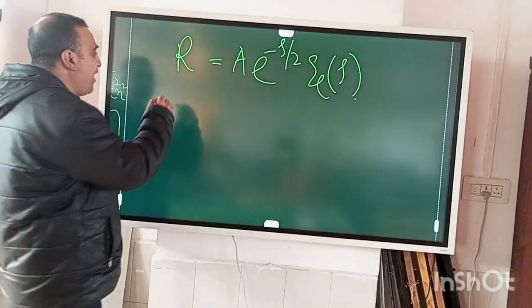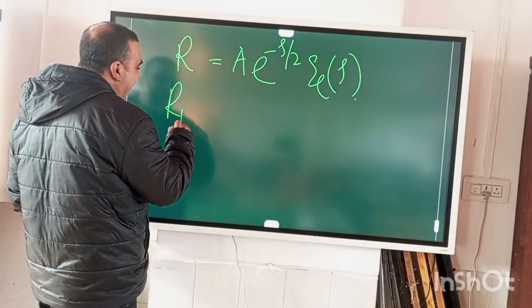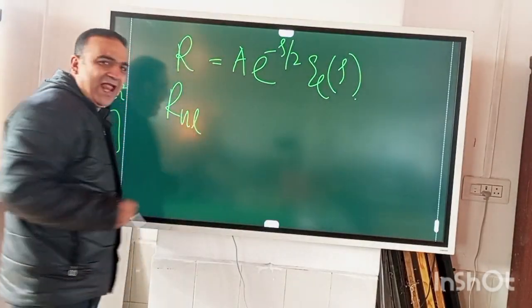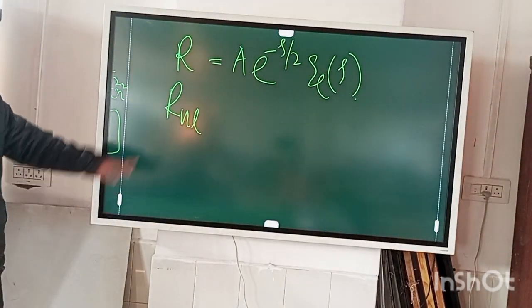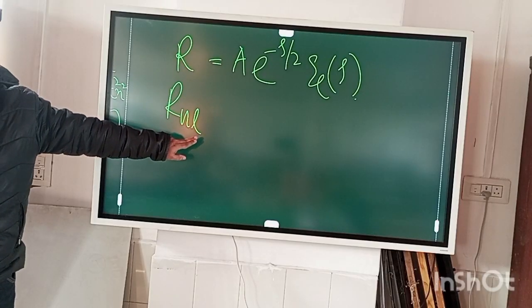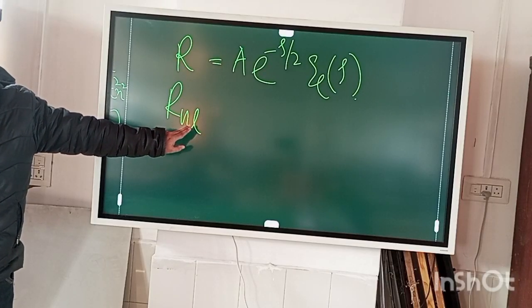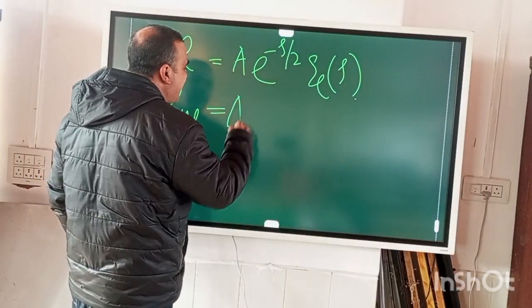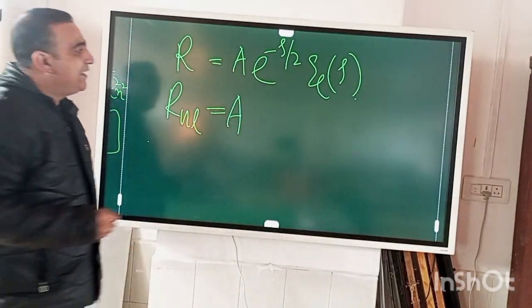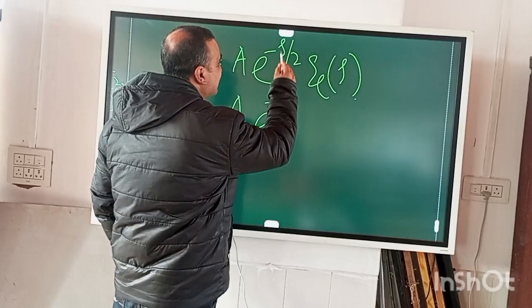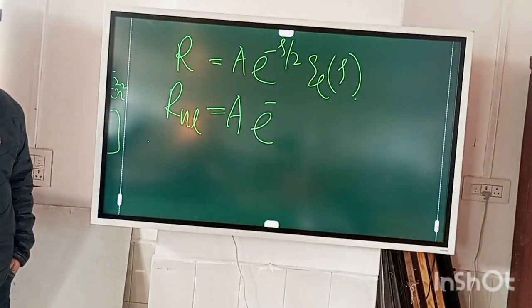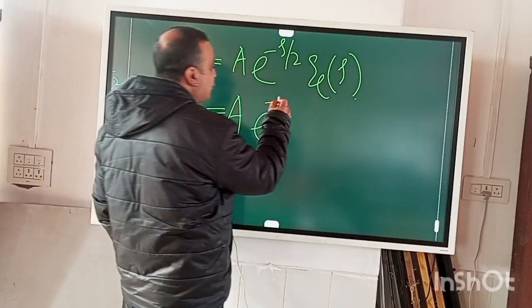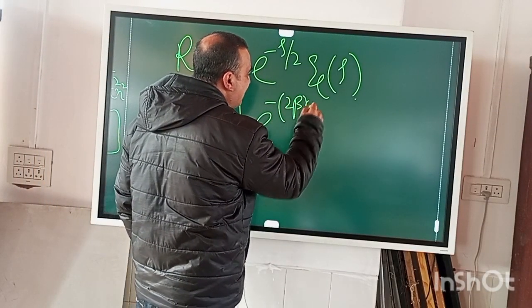So this R I should write as a function of n and L. R has n and L with it because it incorporates both, and is equal to A e to the power of minus, what was rho taken equal to? It was 2 beta r. Remember? So it is 2 beta r by 2.